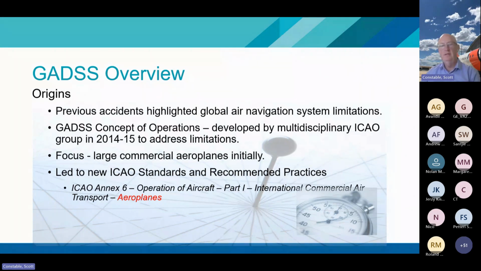And Part 1 covers the standards and recommended practices globally for international commercial air transport aeroplanes. And the reason I've got aeroplanes in red, and I say aeroplanes, not aircraft, is because it applies to fixed wing aircraft and not rotary aircraft or helicopters.